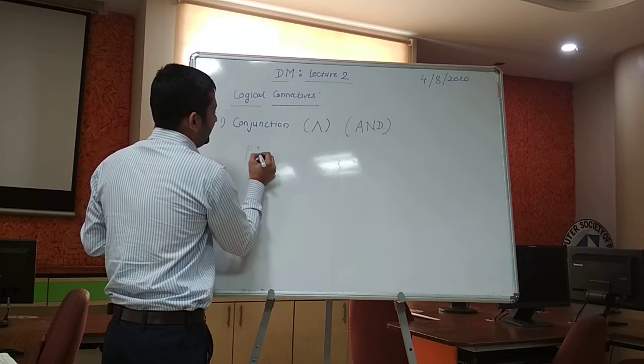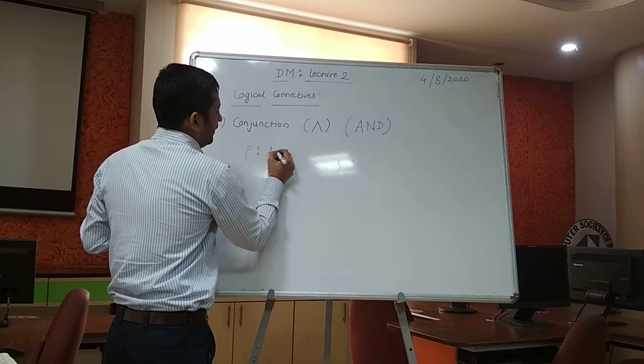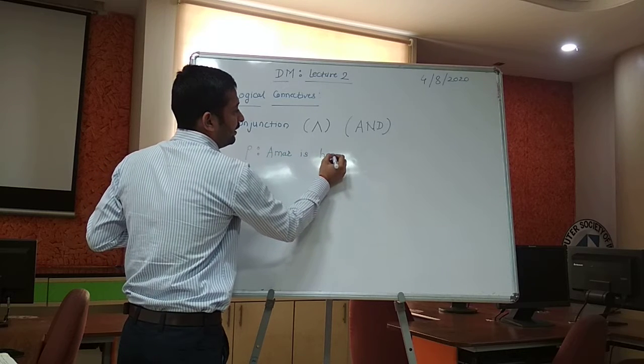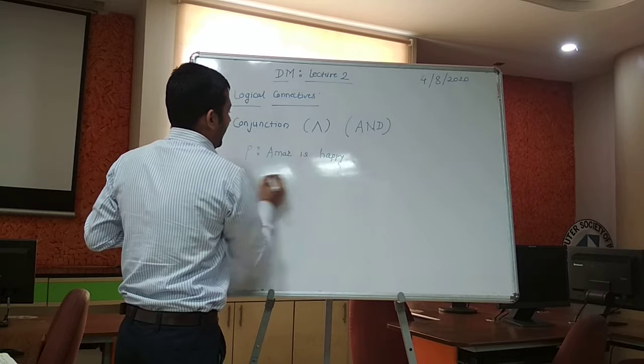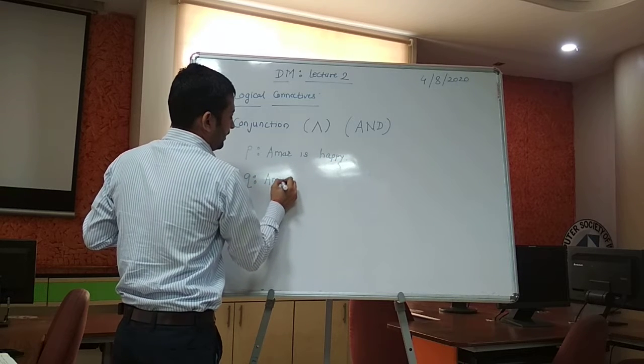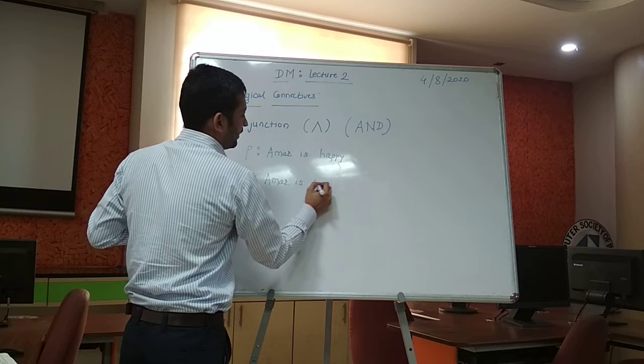P statement is Amar is happy, and Q statement is Amar is poor.